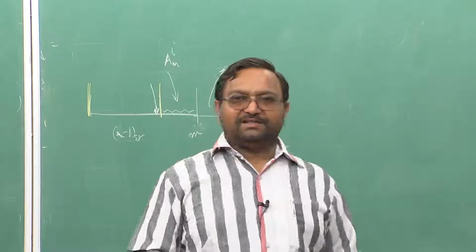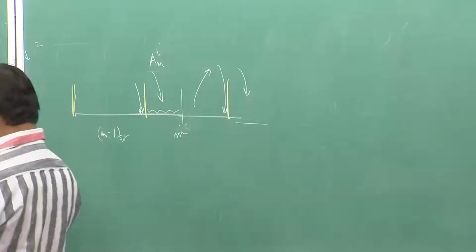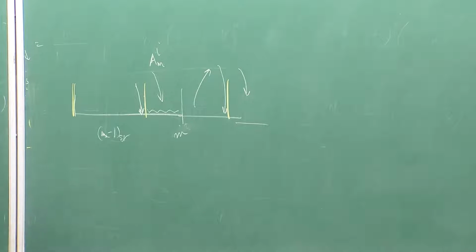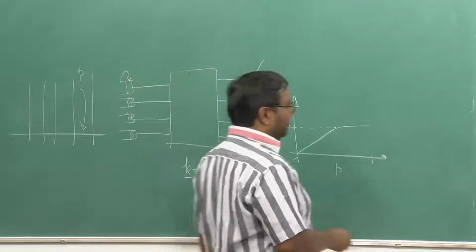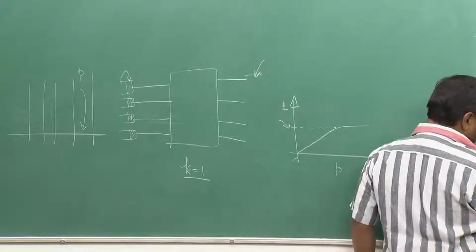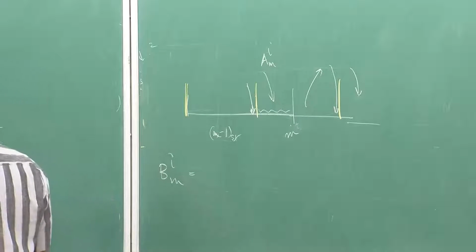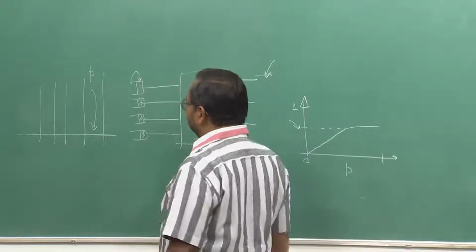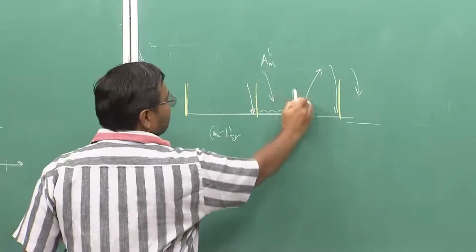So, we have to define certain variables. First of all, I will define a variable called B_mi, let me write it down here. What I am doing is looking at the head of the queues, and this is happening just after the packets have been transmitted out.